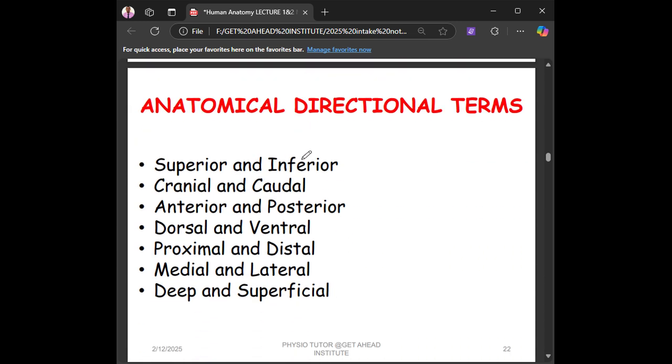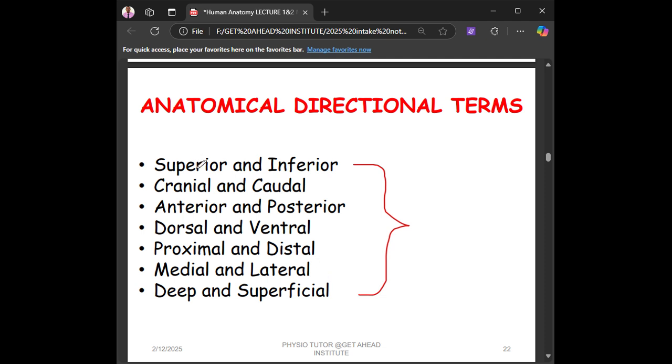So away from the anatomical position, let's talk about the anatomical directional terms. For the directional terms, we have superior and inferior, cranial and caudal, anterior and posterior, dorsal and ventral, proximal and distal, medial and lateral, deep and superficial. The way they've been written here on this slide is how they're supposed to go.